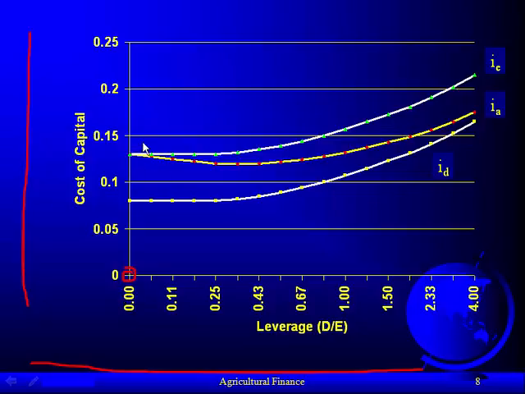And if we look at the cost of equity capital, which is this topmost line, we recognize, as we've talked about before in this class, that the cost of equity capital is higher than the cost of debt capital because the equity holders are the residual claimants. There is greater risk.